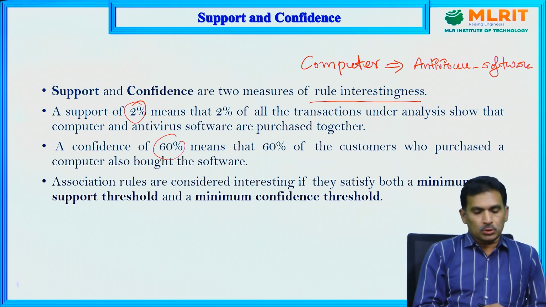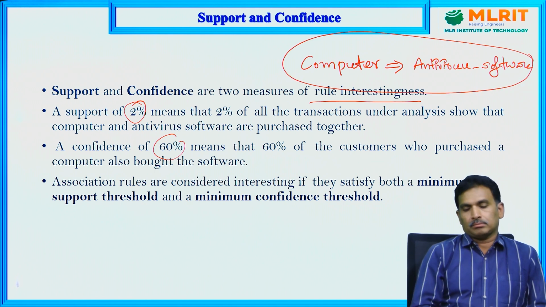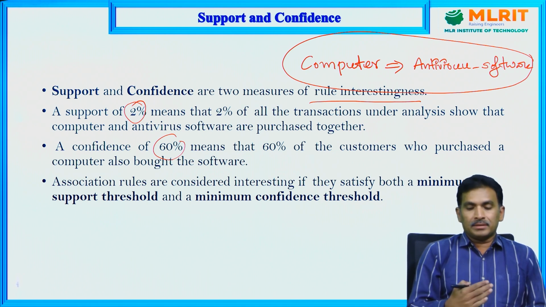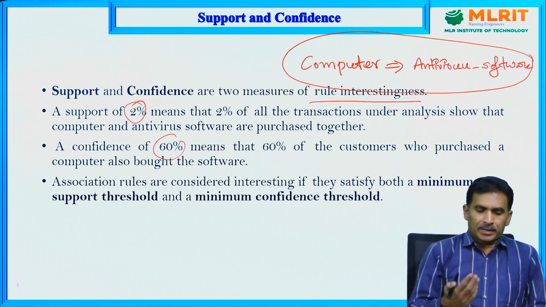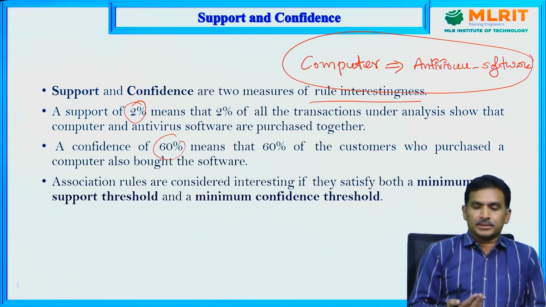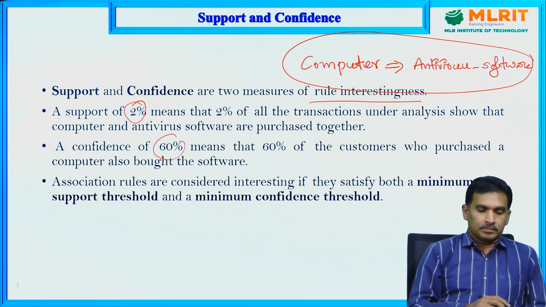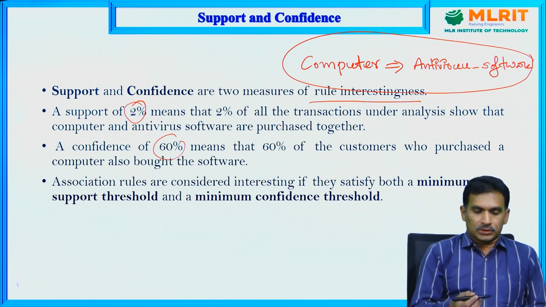So association rules are considered as the association among these two items. First of all these two items appear together in a transactional database, and then we measure the interestingness of this rule: support, how many transactions have both computer and antivirus items together, and among these, how many customers purchased antivirus also.